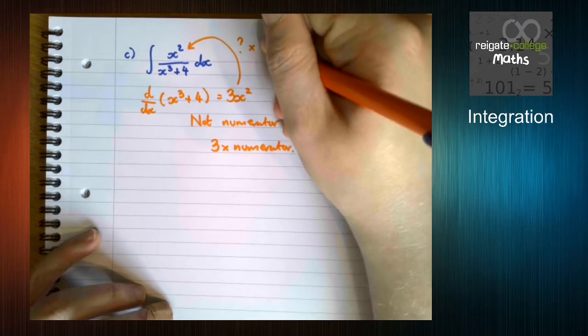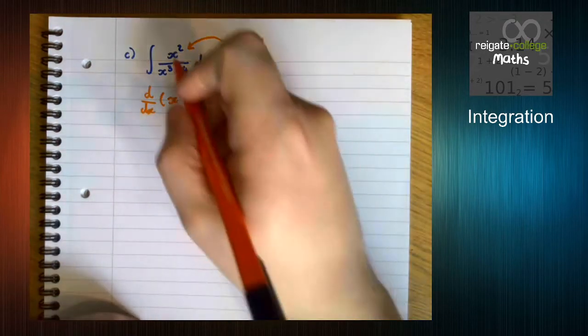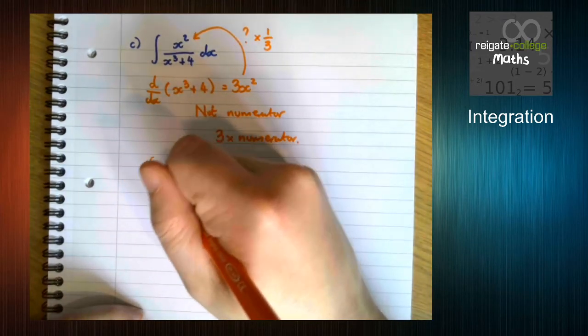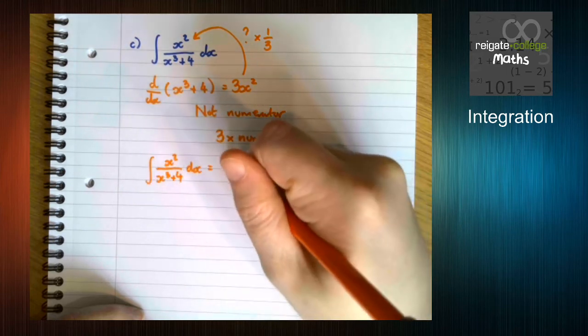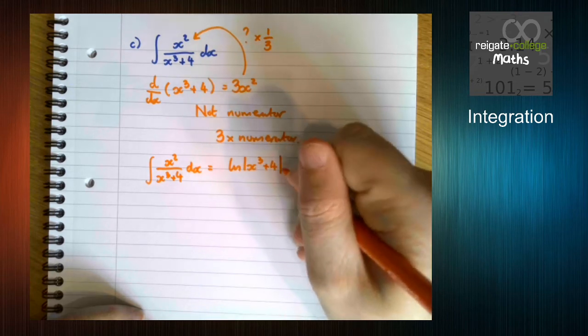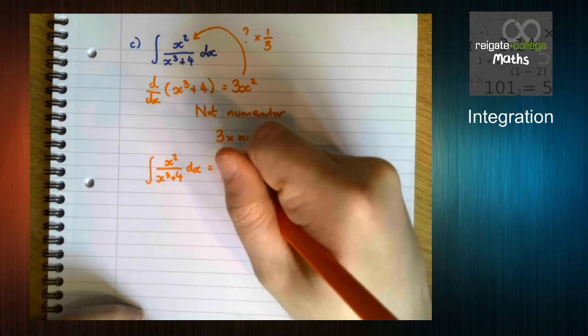We times by a third. So this then integrates to ln of the denominator times by a third.